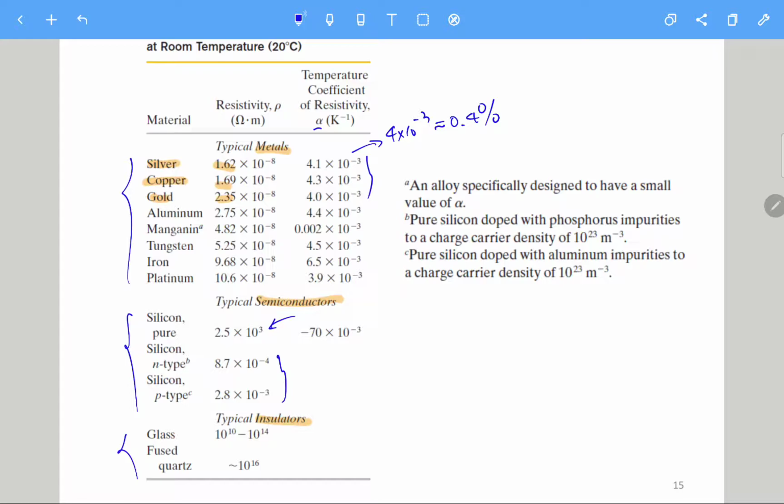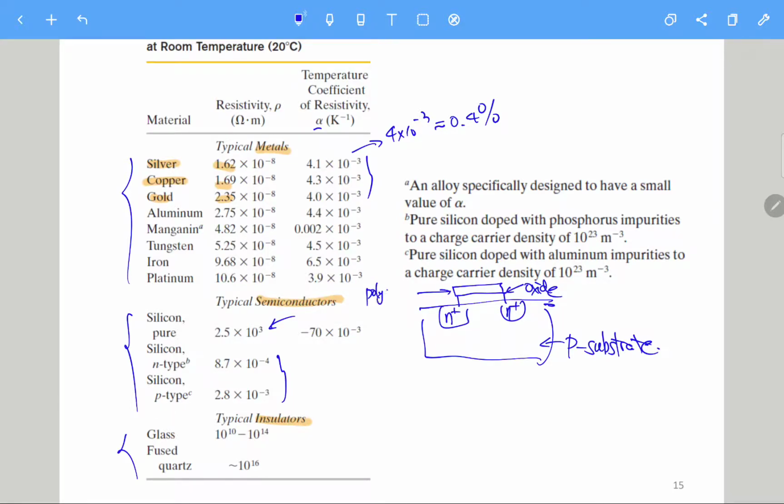Usually we will use the MOS device, where we have a P substrate here, and then we have N plus doping here, and then we have another oxide here, and then we have a polysilicon here.